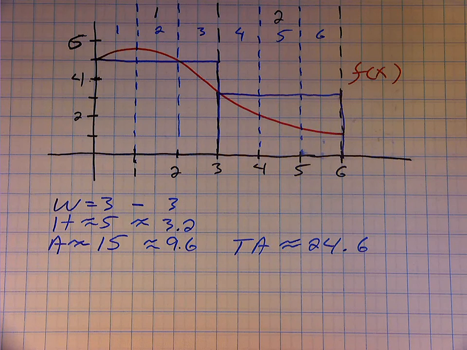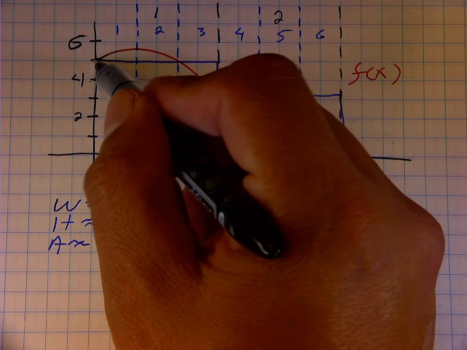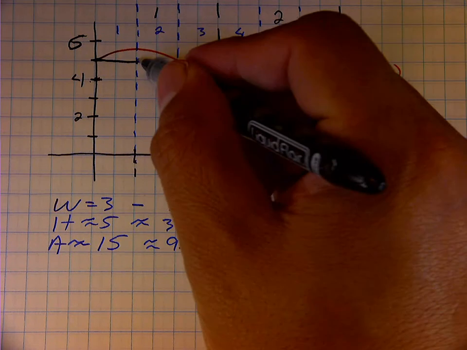I'm going to find each rectangle by taking a height where it touches the graph on the left-hand side. So, notice my first rectangle. I find where it touches the graph on its left-hand side, and I make that its height.